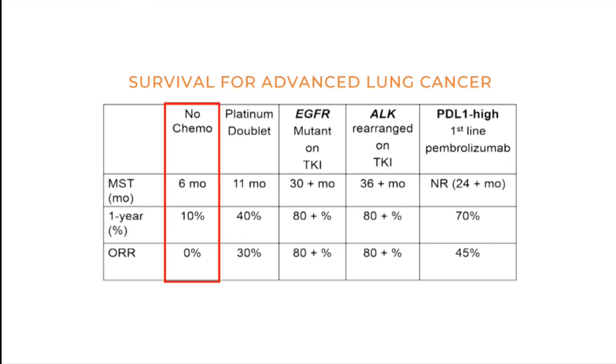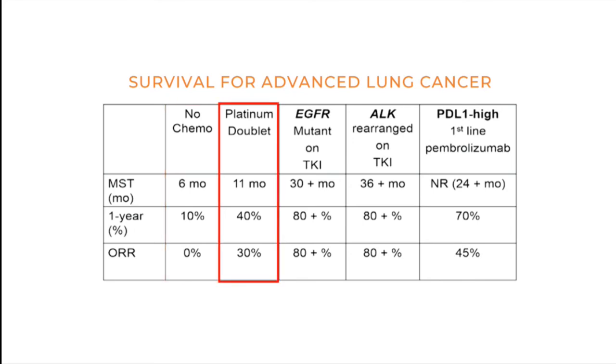So if I bring your attention to the first column here, if there is no treatment, no chemotherapy, no treatment period, the median survival is about 6 to 7 months without any treatment at all. Now, of course, there are variations, depending on the burden of disease, where the cancer has spread, and so forth. The chances of being alive at 1 year is 10% or less.